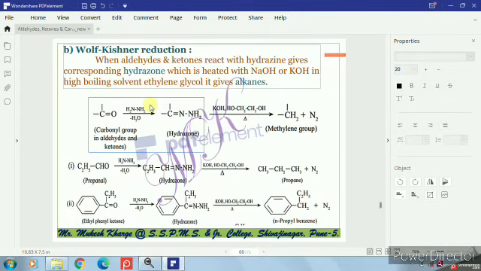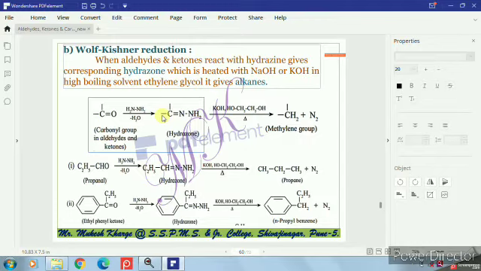Then Wolff-Kishner reduction. It is also a specific reduction. So when your aldehydes and ketones react with hydrazine, means NH2NH2, it gives corresponding hydrazone. So this reaction we already discussed in the last video.